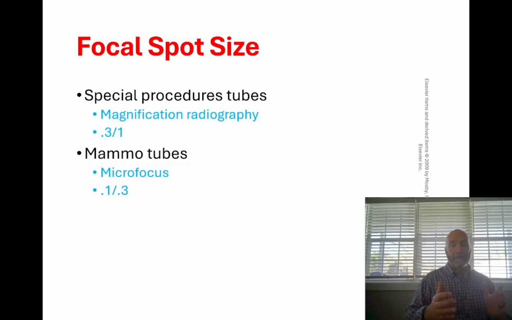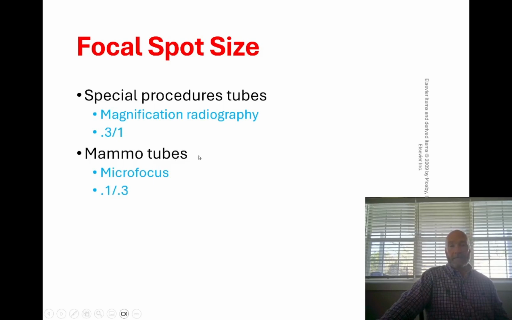Problem with that is if you double your OID and then you double your SID, then your magnification doesn't change. Your sharpness of recorded detail doesn't change really either, but what you're trying to introduce here is magnification. So if you increase your OID with the purpose of increasing magnification, then the only way to reintroduce that sharpness of recorded detail is to use a fractional focal spot, a smaller focal spot size.